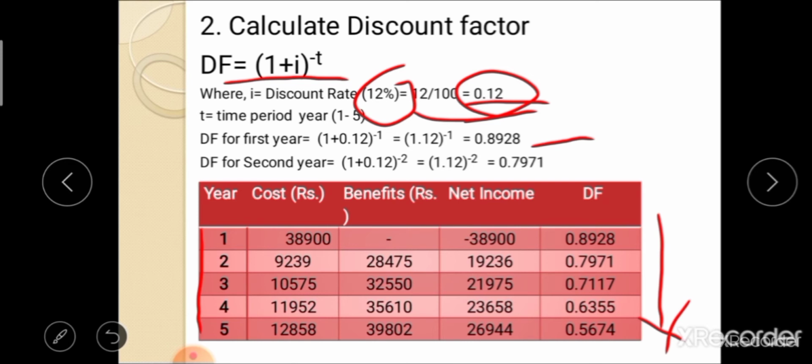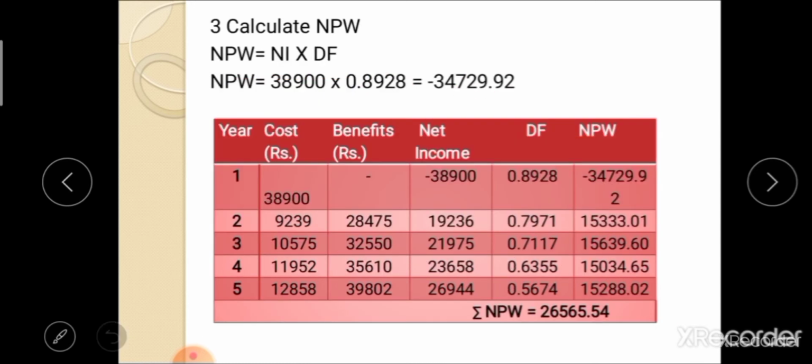After calculation of discount factor, the next step is to calculate NPW or NPV. NPW is equal to net income into discount factor. We get NPW of the respective year.